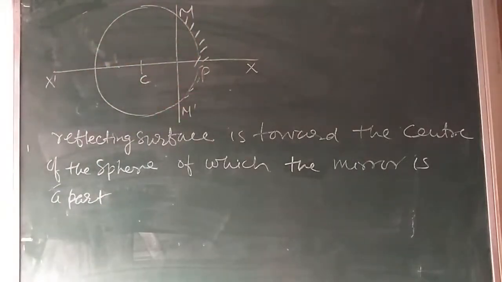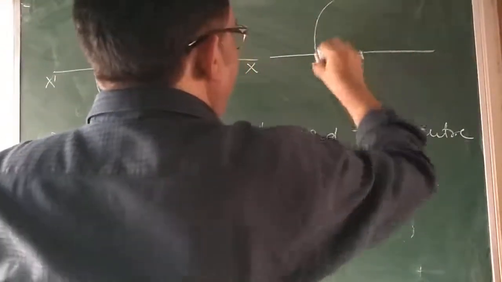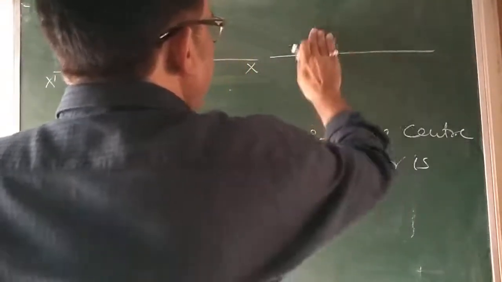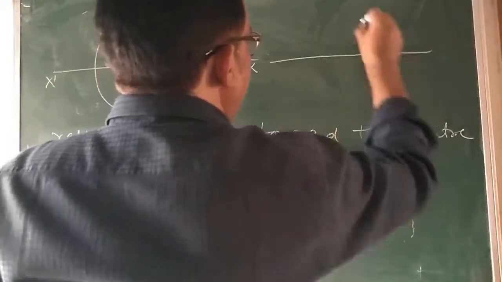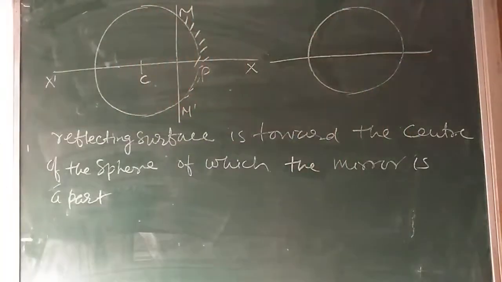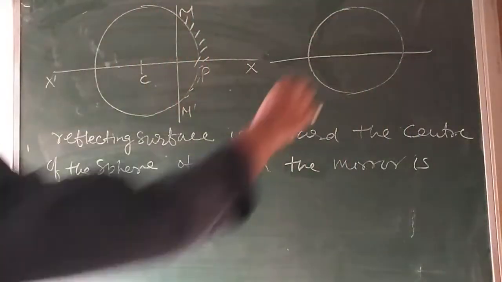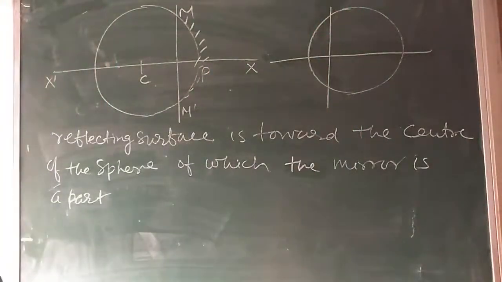Similarly, for a convex mirror, again I am taking a glass surface out of which we are taking this surface. Is that clear?